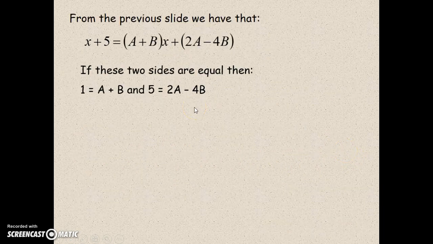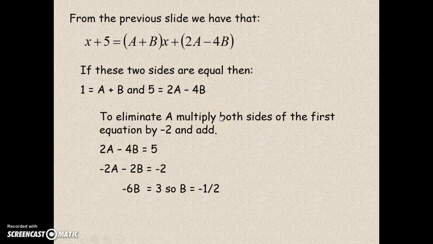So here, we know that a plus b is going to have to equal 1, and 2a minus 4b is going to have to equal positive 5. That's where these two come from. And probably we can just use substitution as opposed to, well, they use elimination, so we'll use elimination as well. Here, we're going to multiply this by negative 2, and then we can add them together, and our a's will be eliminated, and again we do find that b is negative 1/2.